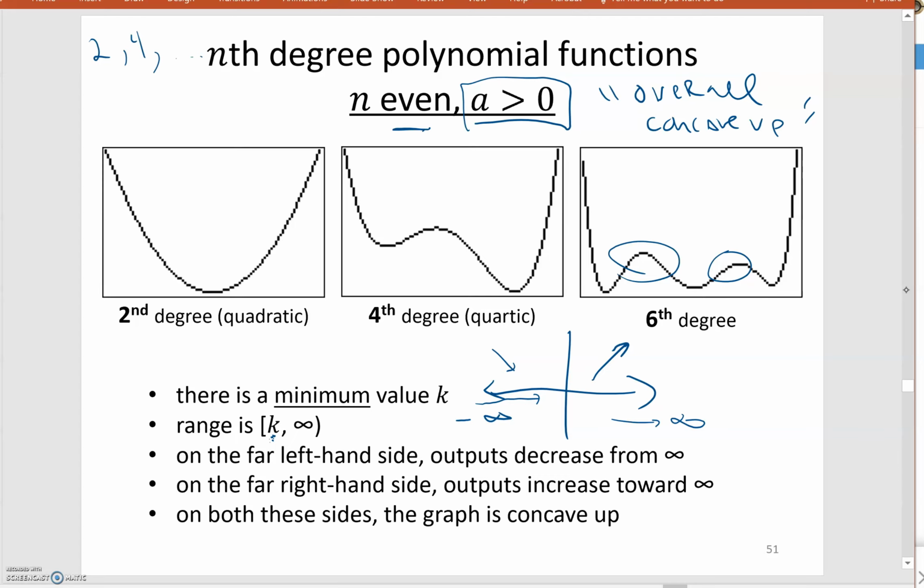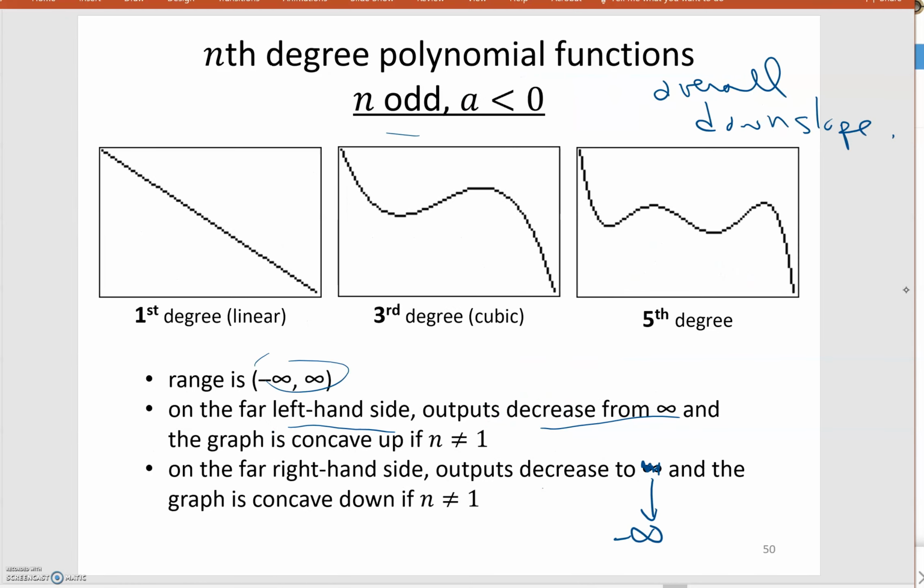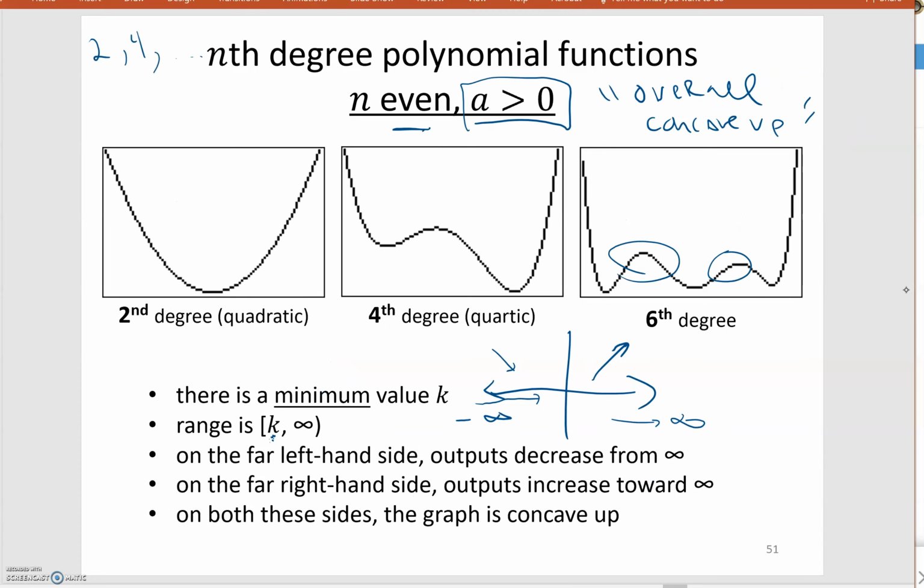For the odd degrees, we don't have a minimum or a maximum because they just go up and down. But for the even degree with positive leading coefficient, we have a minimum value. We do have a bottom, and then we go up from there. So we have a minimum value k, and then our range is going to be from that minimum value upwards to positive infinity.